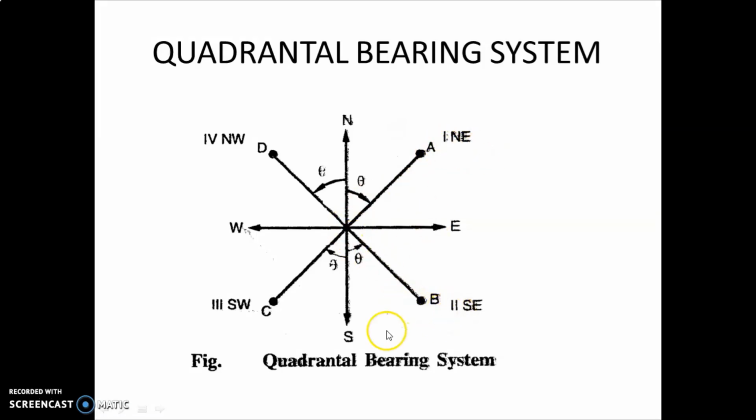Survey line OB is in the second quadrant, which is southeast. Survey line OC is in the third quadrant, which is southwest, and survey line OD is in the fourth quadrant, which is northwest. So here we have divided our circle into 4 parts. That's why it is named the quadrantal bearing system, because you have divided it into 4 quadrants: OA, OB, OC, OD.